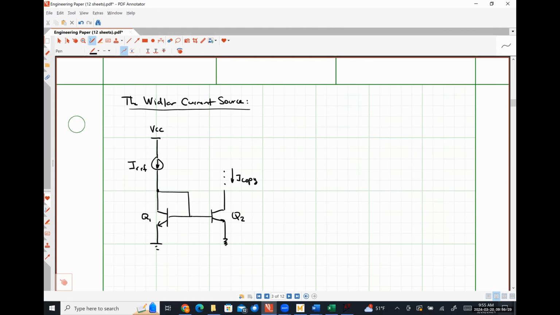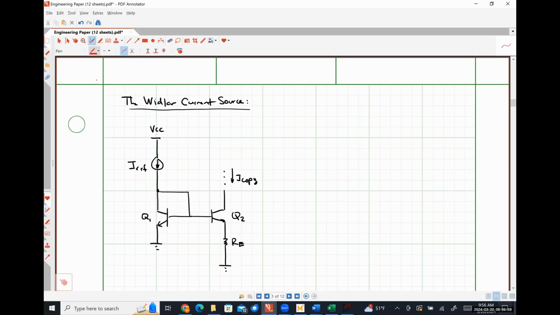And the thing that makes it different than a traditional current mirror is that we include emitter degeneration on transistor Q2. Now, this is going to fundamentally change some things because we no longer have identical base emitter voltages for our sense transistor and our copy transistor, right?